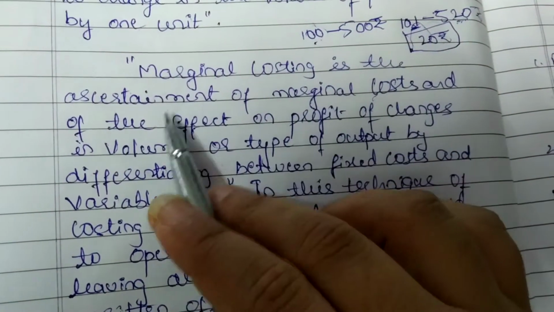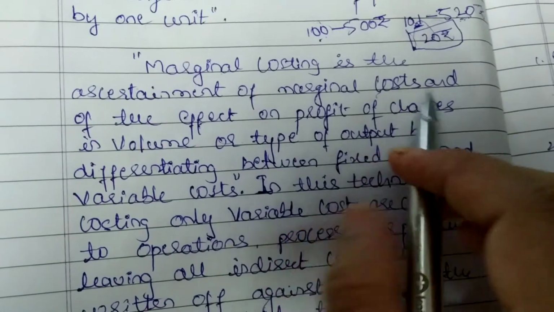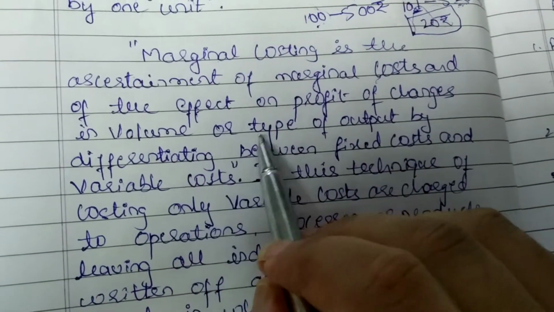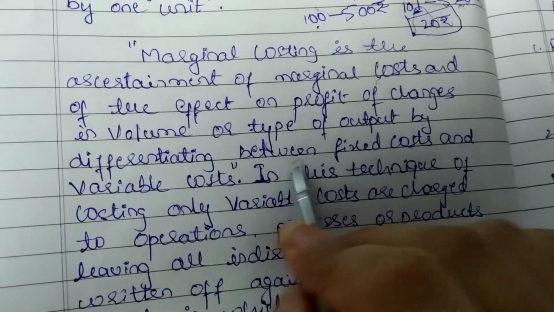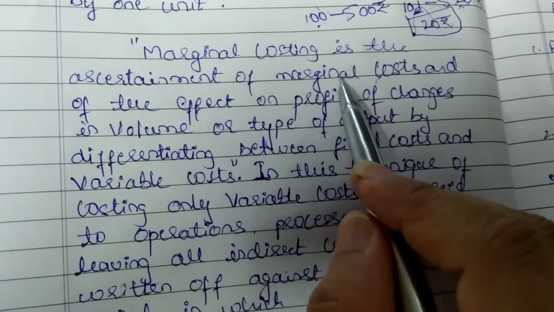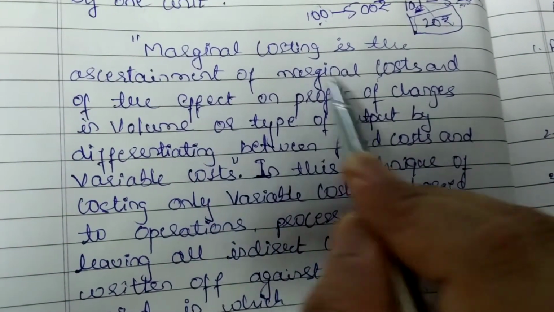Marginal costing is the ascertainment of marginal cost and the effect on profit of a change in the volume or type of output by differentiating between fixed cost and variable cost. It is the marginal cost which affects the profit.